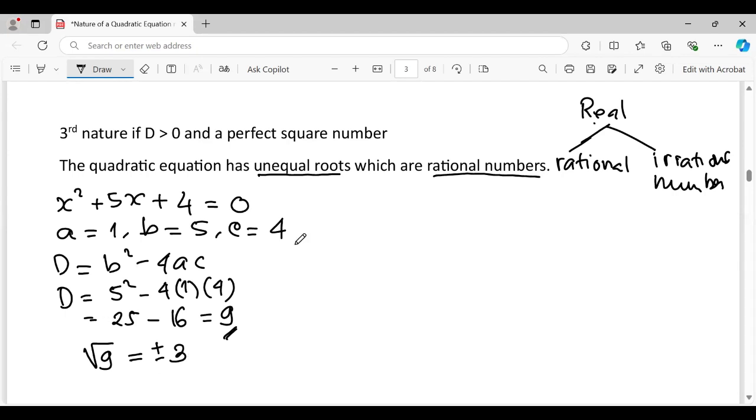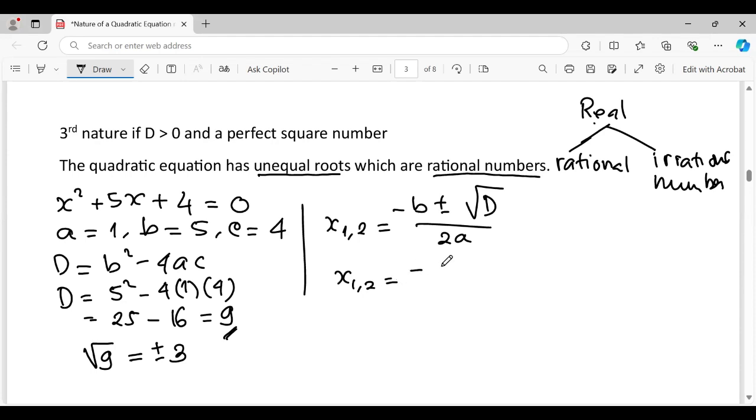So we can state that this quadratic equation has unequal roots, which are rational numbers. Proof. x1 and x2 equals minus b plus minus square root of discriminant over 2a. So x1 and x2 equals minus 5 plus minus square root 9 over 2 multiply 1.